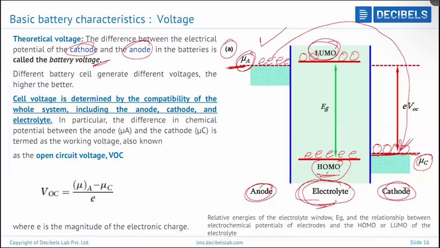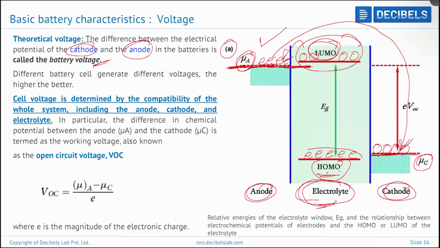Okay. So one of the requirements to choose the electrolyte is that the LUMO level should be higher than the chemical potential of the anode. The energy level of the anode, the LUMO should be above it.